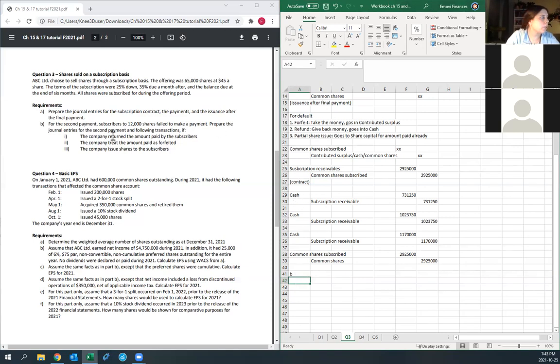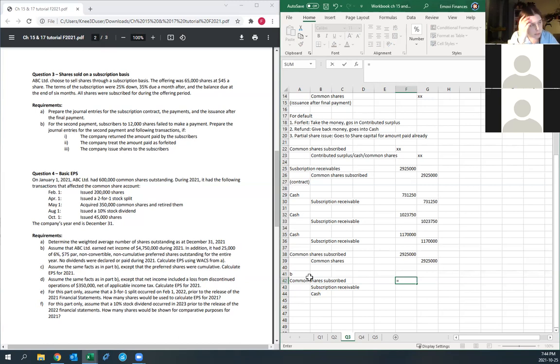So first, we're going to do if they pay them back. So they're going to have the common shares subscribed. Right? The company returned the amount paid, yeah. And then they're going to have the subscription receivable because not all the payments have been done, and the cash amount that they're going to pay.